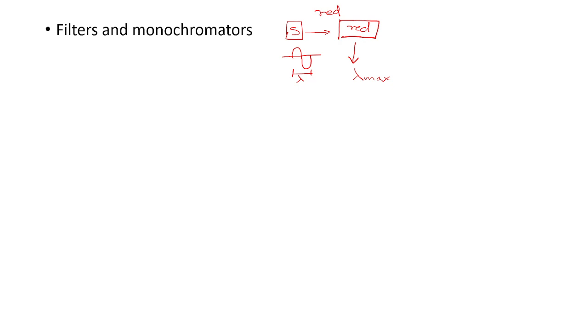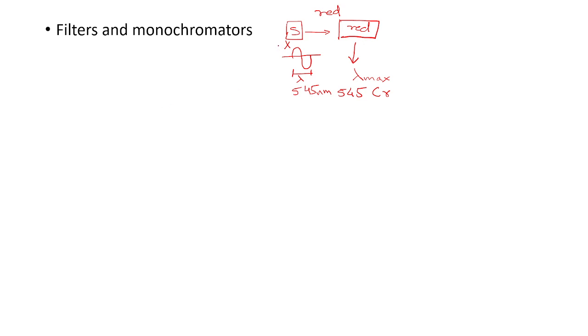Suppose estimation of chromium, where the lambda max is 545 nanometers. Means this source should, for example, here if you require 545, this is the lambda max of this solution for chromium. What will happen? This source should generate that 545 nanometer light, but which is not possible for a particular radiant source. What you have to do?